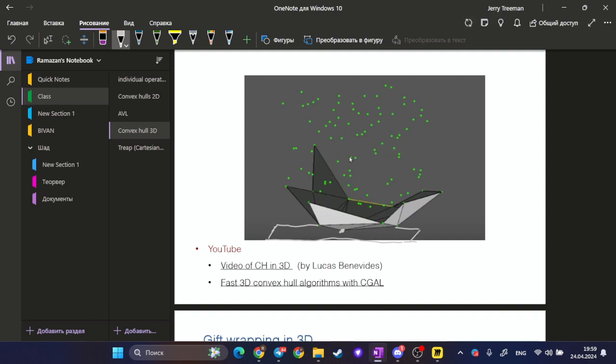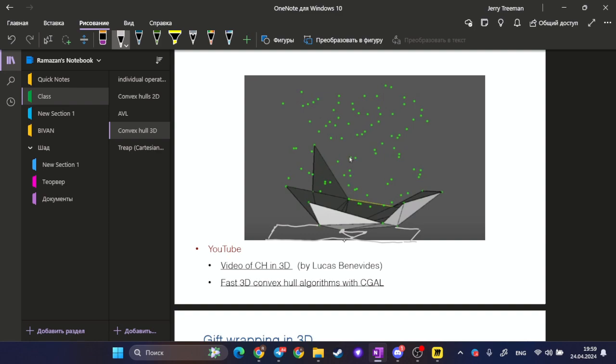One second, I need to think. The easiest way to do it is to draw some face on this plane, and then we need to compare the angles between these two faces. I forgot what formula we need to use.